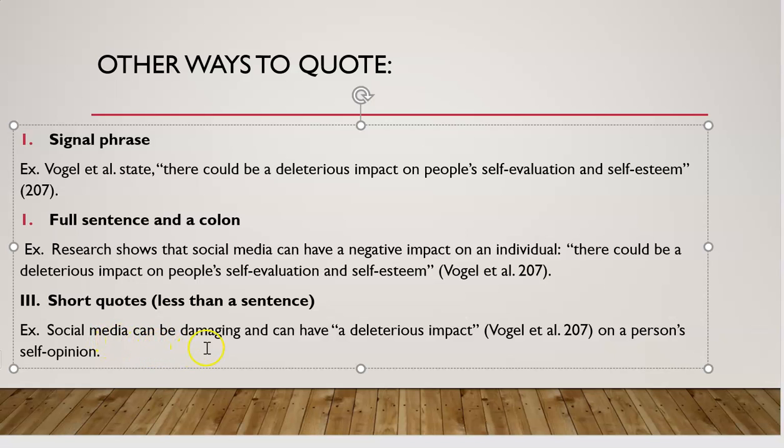So in this case, social media can be damaging and can have, quote, a deleterious impact, unquote, on a person's self-opinion. So here I've just plugged 3 words from the original text into my sentence and given credit to the author because that's not my words, that's their words, and included the citation there, but my sentence kept going and that was all I wanted to use from that text.